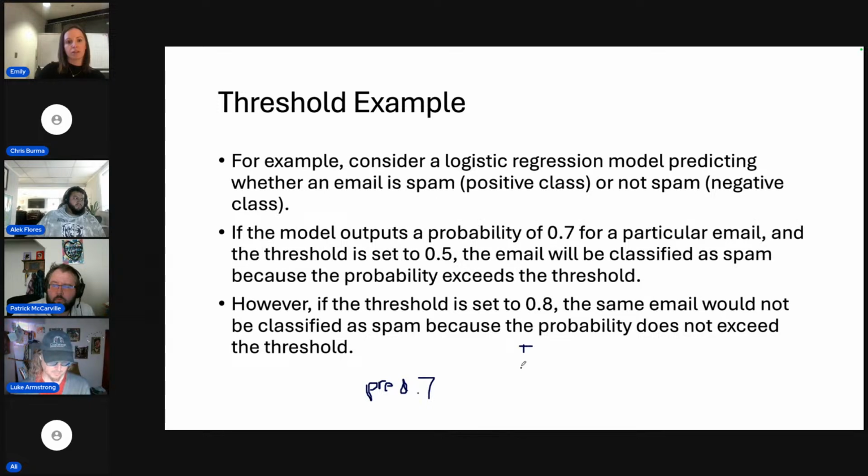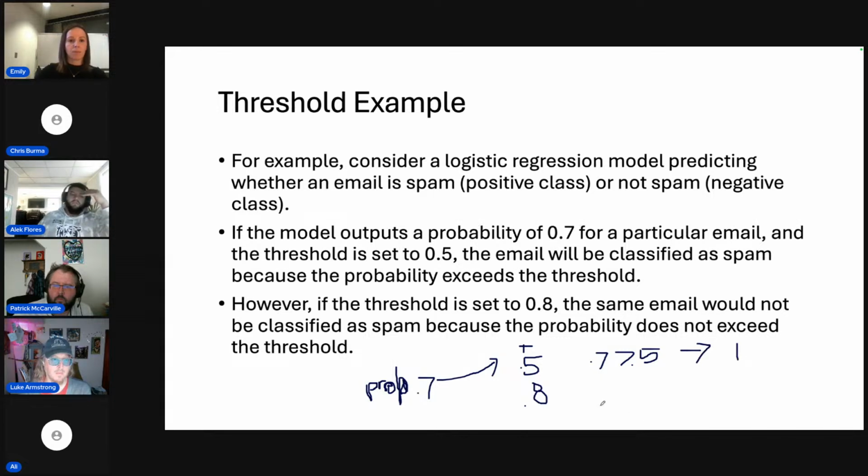We have 2 situations: when our threshold is 0.5, we say 0.7 is greater than 0.5, so the output is 1.